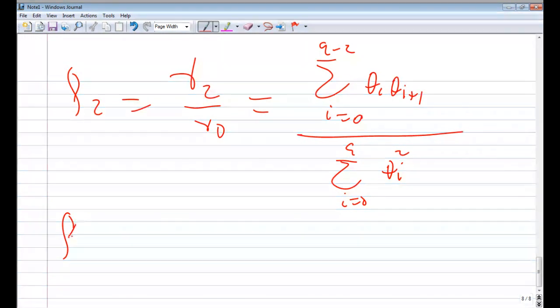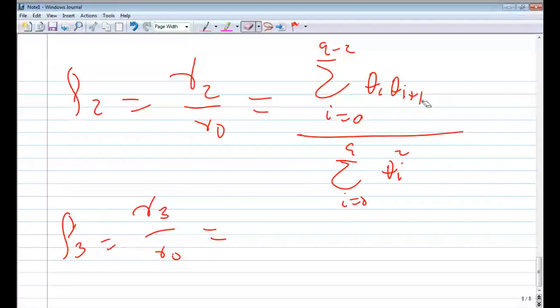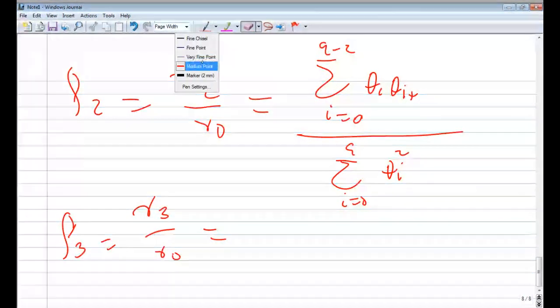Rho 3 will be equal to gamma 3 over gamma 0. Sir, isn't the summation of gamma 2 supposed to be I plus 2? Yes, sorry, you're right. Thank you. I plus 2. Sorry for that.